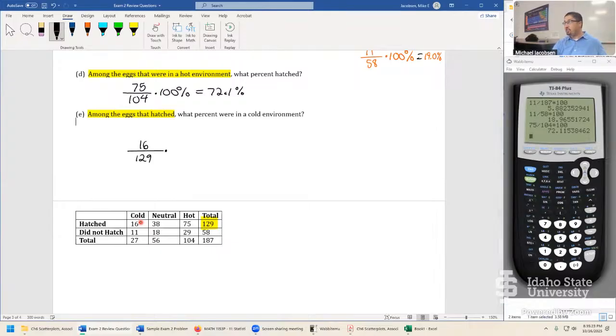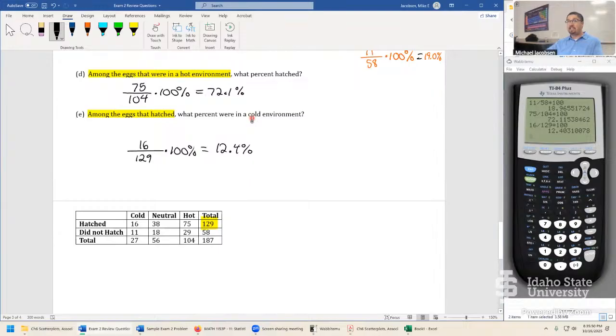And that would be the answer on this one, times 100%. Go 16, divide by 129, times 100. We come out to a really smaller percentage, 12.4%.